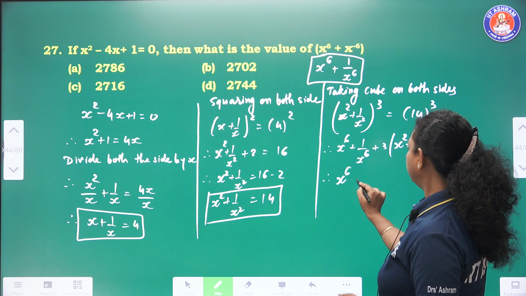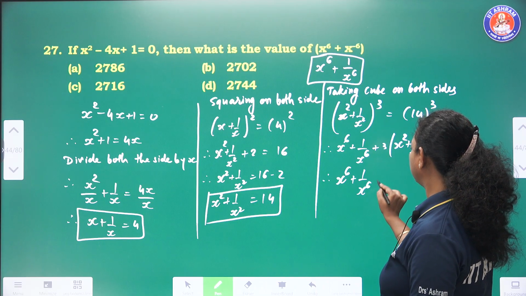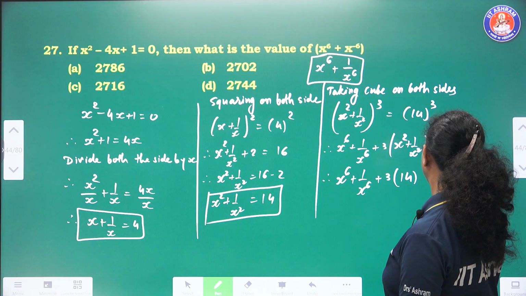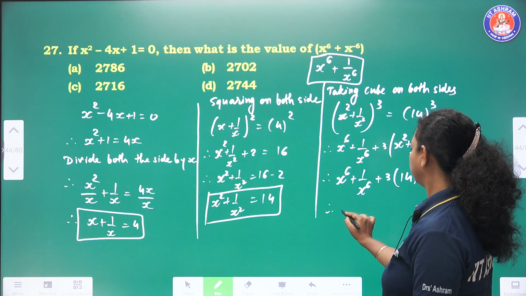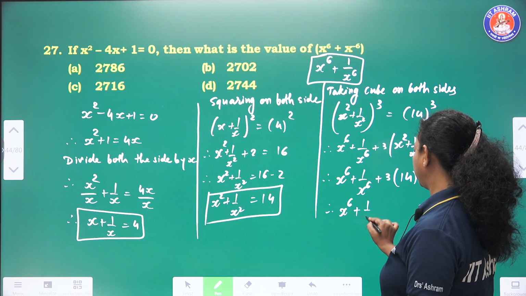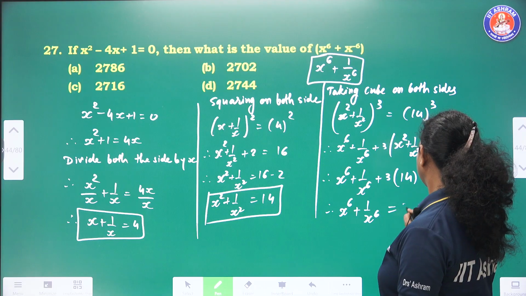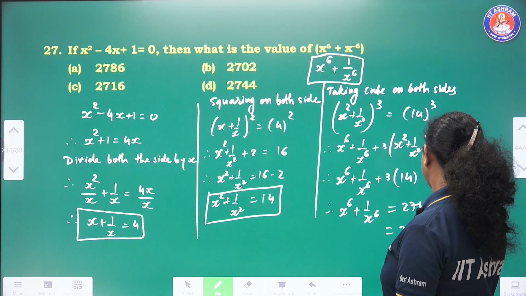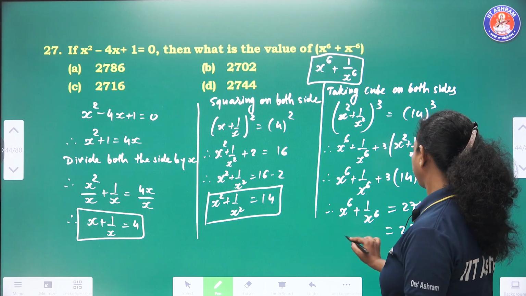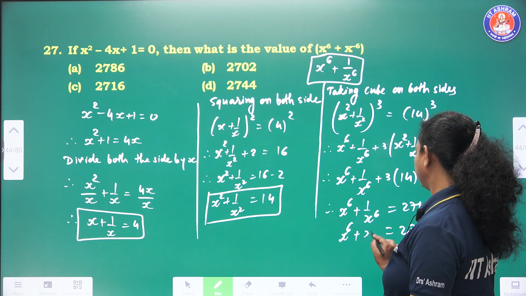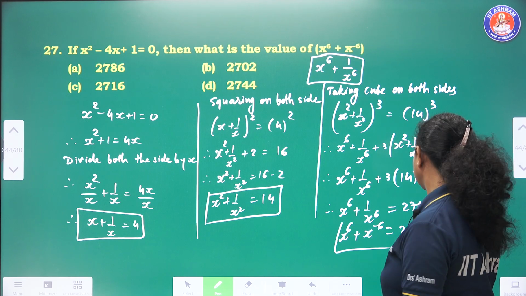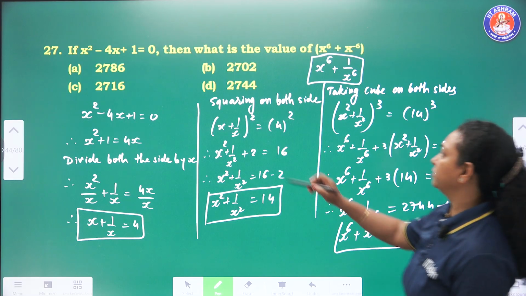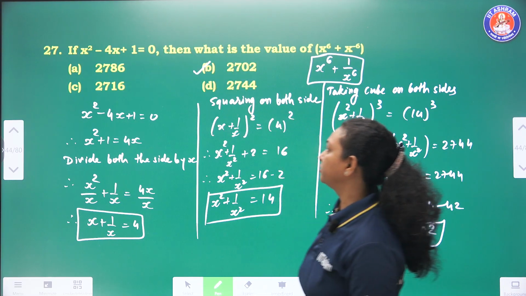So x to the power 6 plus 1 upon x to the power 6 plus 3 times 14 is equal to 2744. When we simplify, we get the value as 2702. So what is our answer? 2702. Option number B.